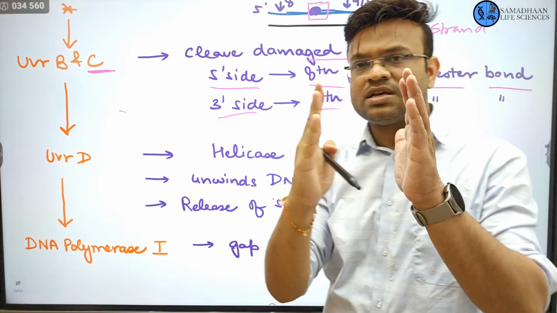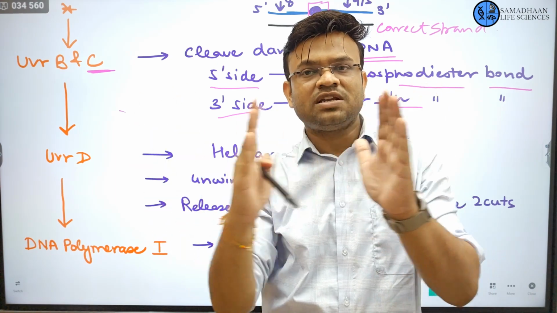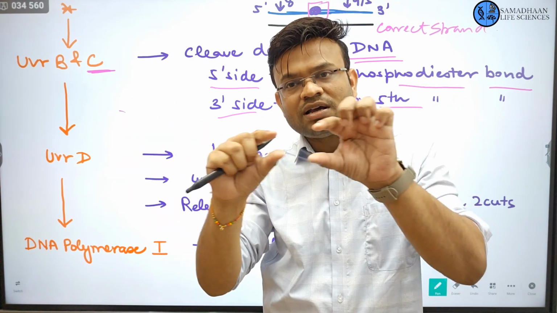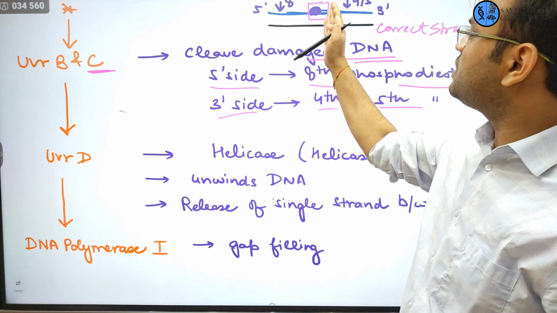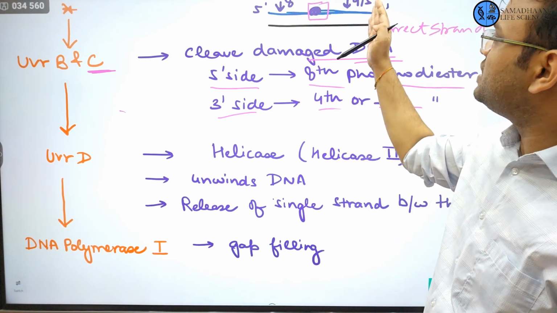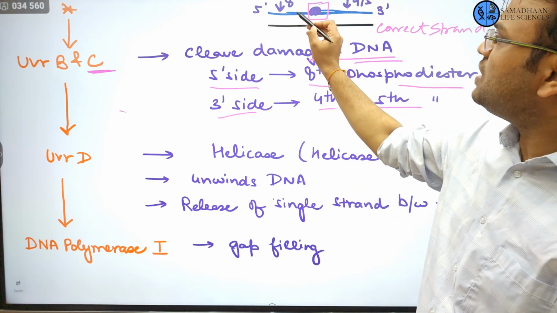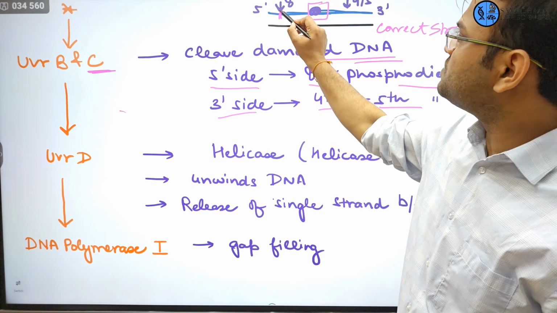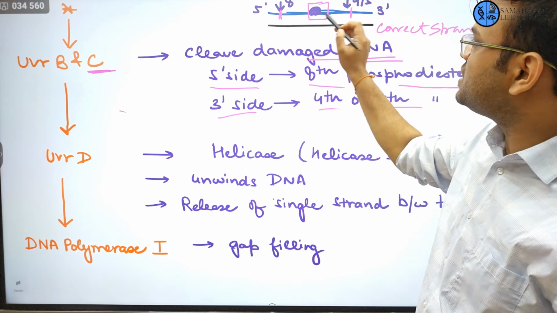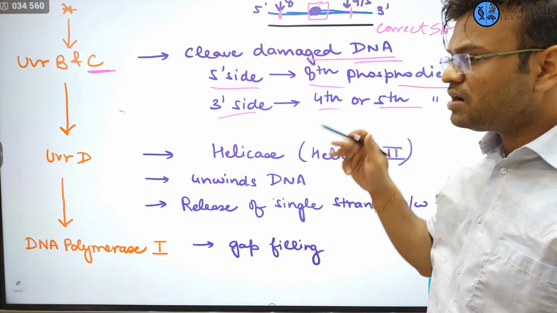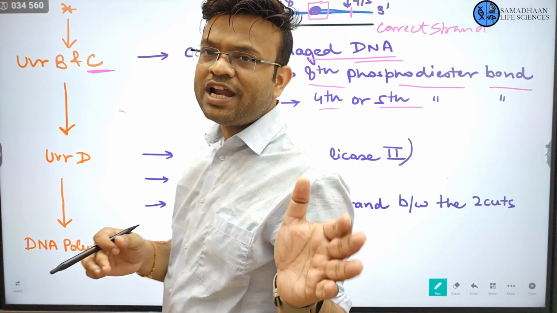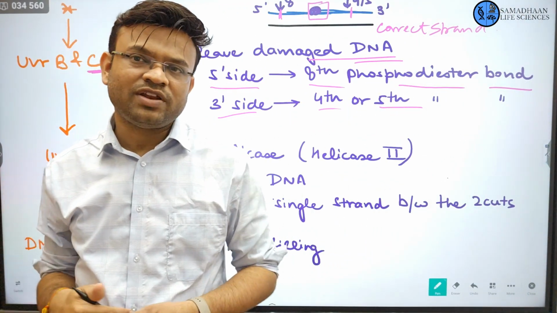That means roughly this much area has been cleaved around the lesion. So the 8th over here has been cleaved and the 4th over here has been cleaved. So in total how many nucleotides have been cleaved? 8 plus 4, and that would be roughly around 12.